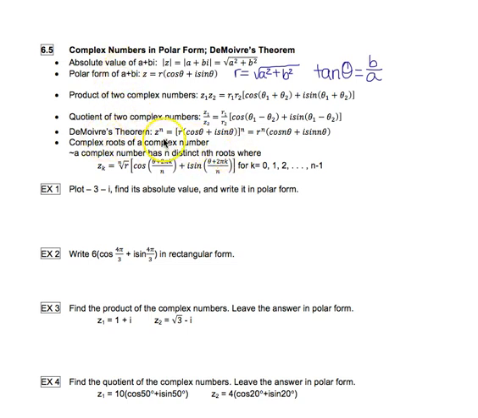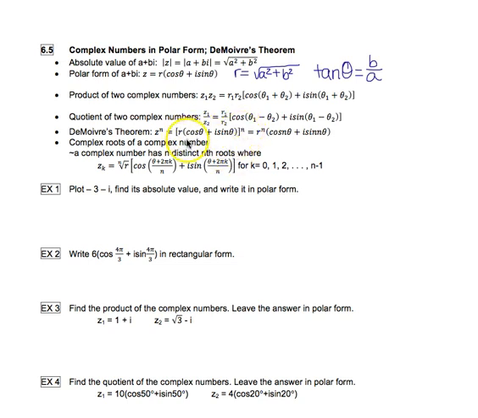DeMoivre's theorem is when we are taking a power of a complex number. So remember, z is just what we use for a general complex number. If I'm raising it to the n power, that is the same as this, because this is the polar form of the complex number, so still raised to the n.